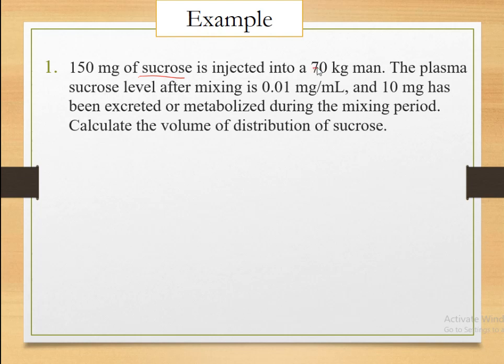So this has no interest, has no role to play in our calculation. Then the plasma sucrose level after mixing is that. So this is the concentration of the mixture, the compartment.